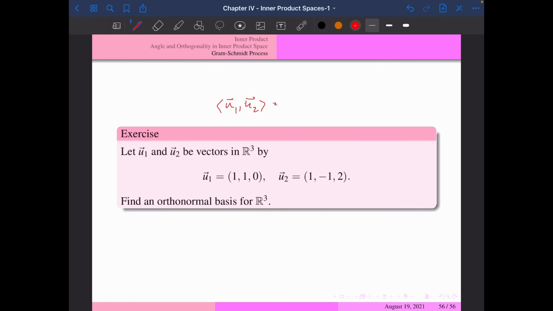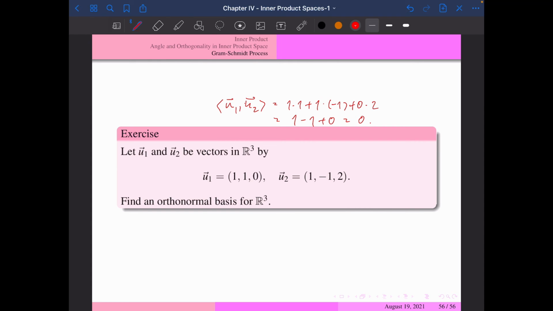So why are u1 and u2 orthogonal? Because the inner product of u1 and u2 is 1 times 1 plus 1 times minus 1 plus 0 times 2, which is 1 minus 1 plus 0, equal to 0. So u1 and u2 are orthogonal, right?